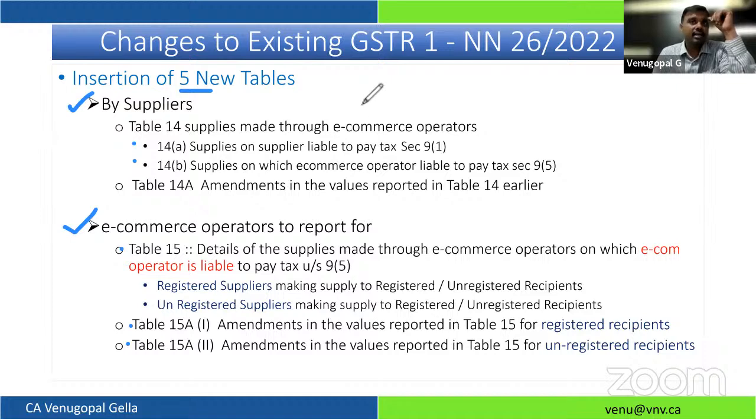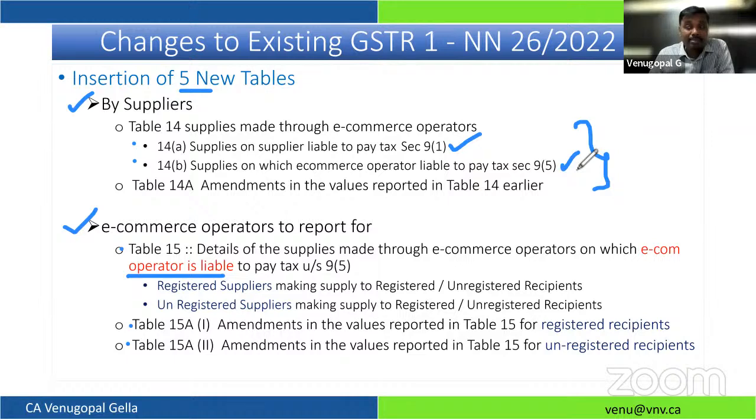So what is the first one, table 15? Table 15 is the supplies which have been made through the e-commerce operator on which the e-com operator is liable to pay tax. Please note, these are the supplies on which the e-commerce operator is liable to pay tax. While in my table 14, I was reporting all my liability and e-commerce operator liability.